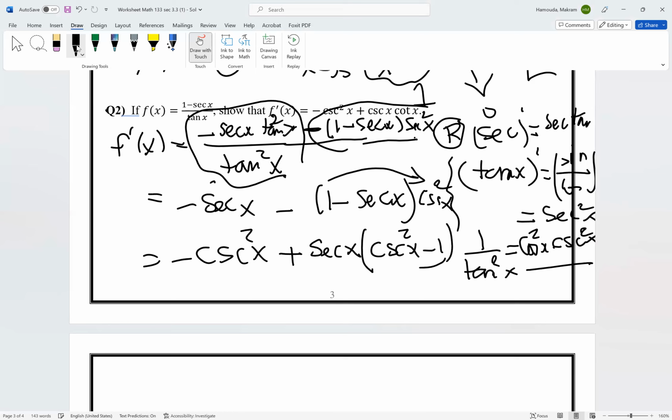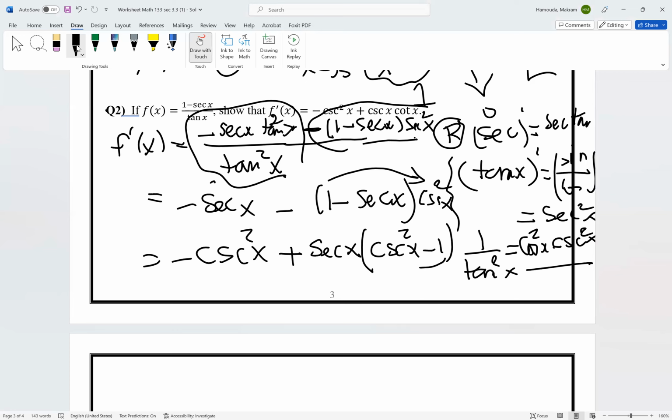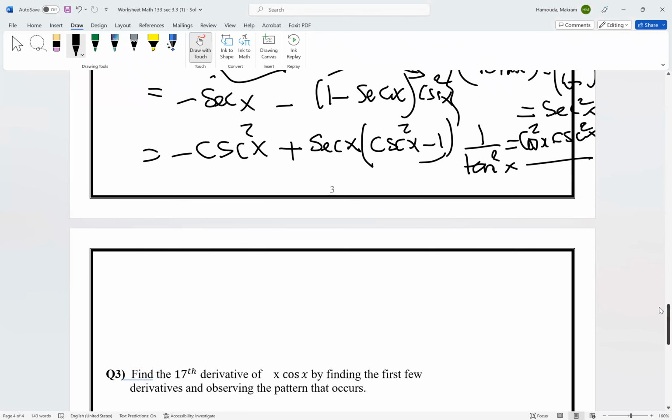But cosecant squared minus 1 is exactly equal to cotan squared. So I will have minus cosecant squared x plus secant x cotan squared x. This is the third identity in the trigonometric identities.